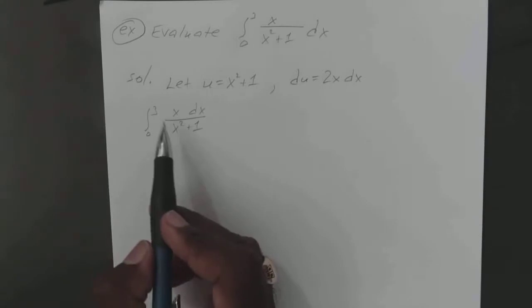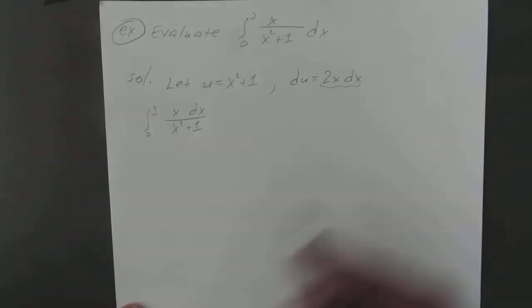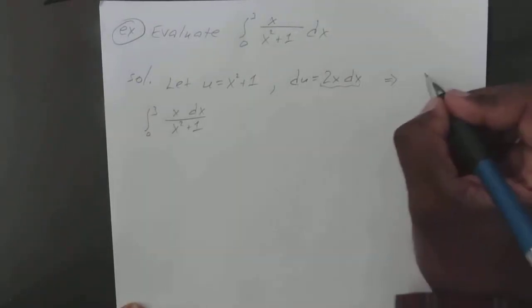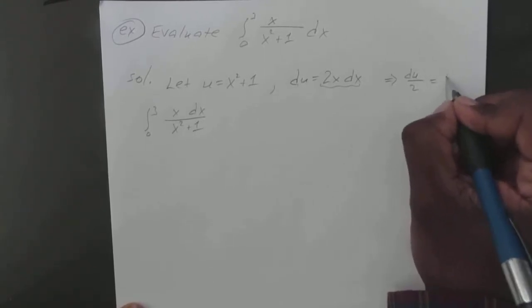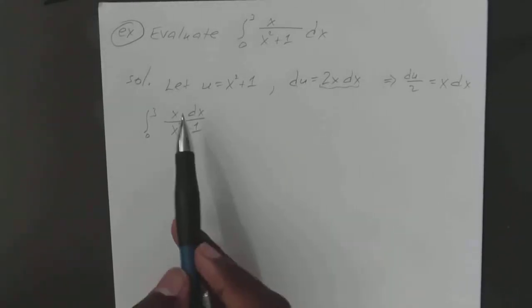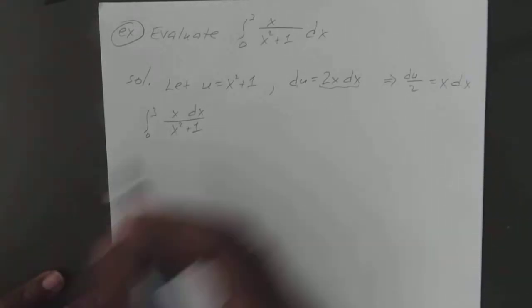You would have du over u, except your du is 2x dx. So you just divide both sides by 2, and you have du divided by 2 equals x dx. So now you can replace that x dx with du divided by 2.